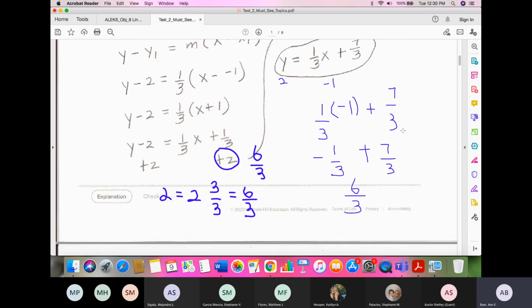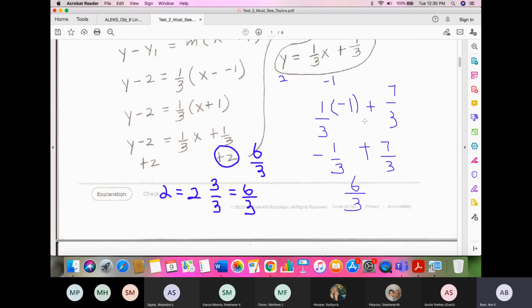Now, what is all of that going to give us? This term is positive times negative, which is negative. 1/3 times 1 is 1/3. Plus this 7/3, just copied down.